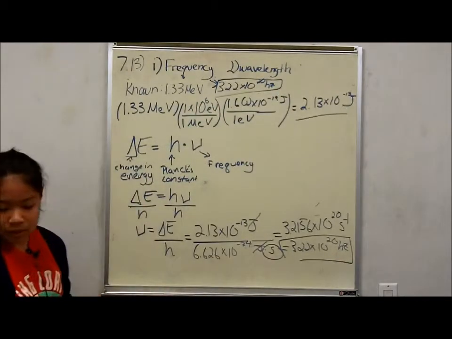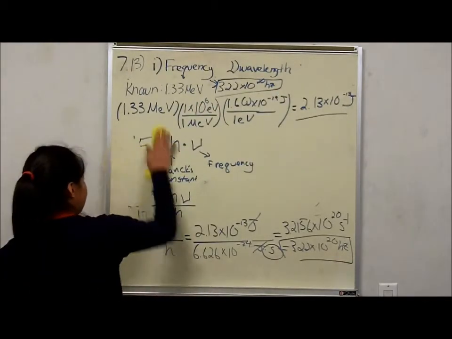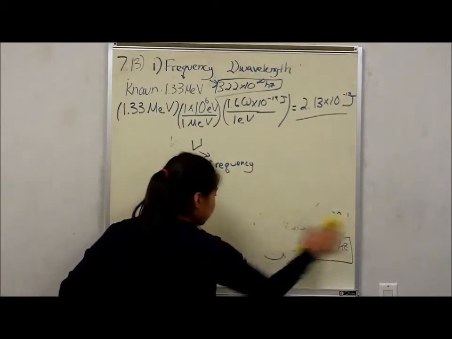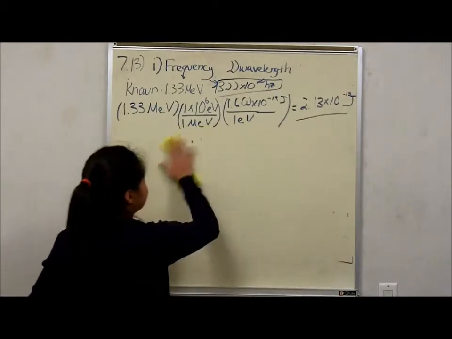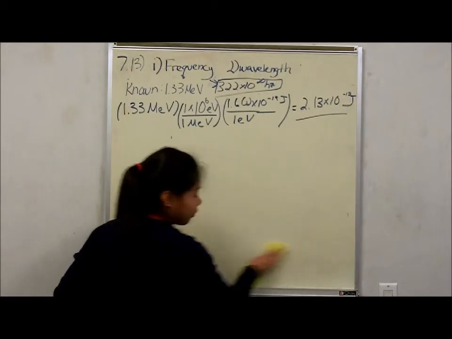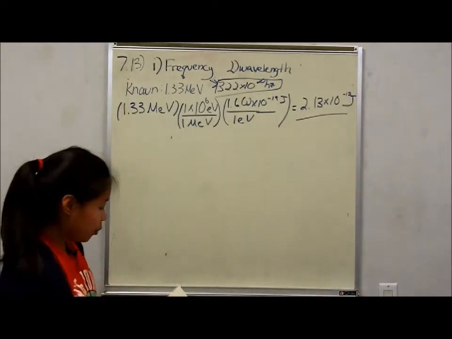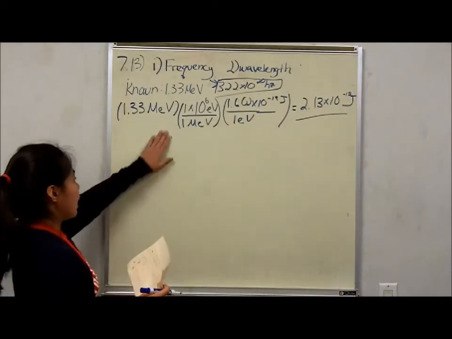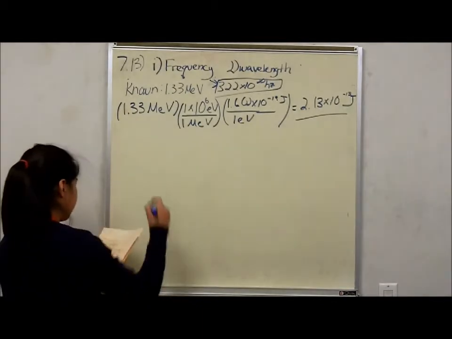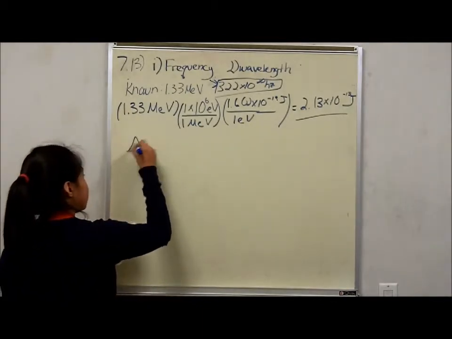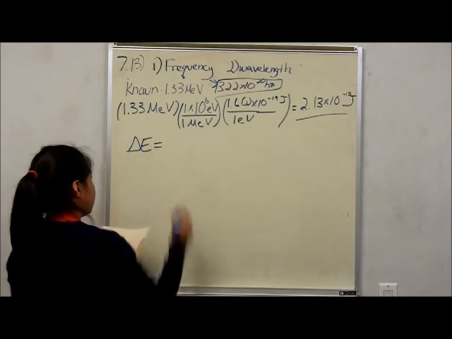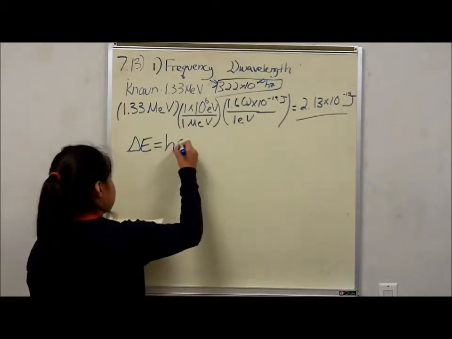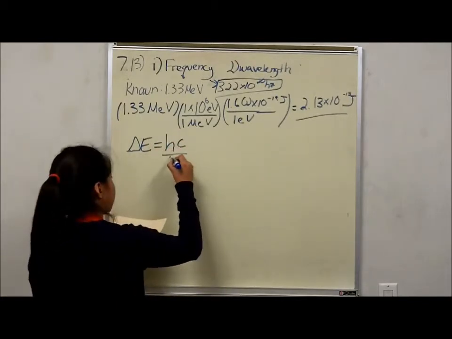Let me erase this so we can do the second part. The second part is asking you to find the wavelength. The equation they give you in your lecture and in your textbook is something like delta E equals hc over lambda.